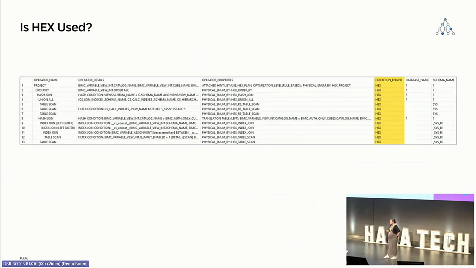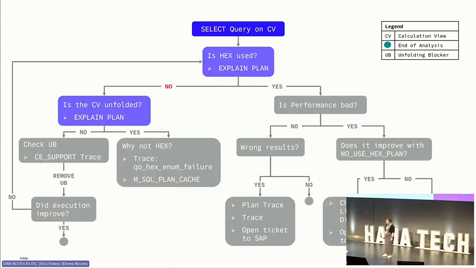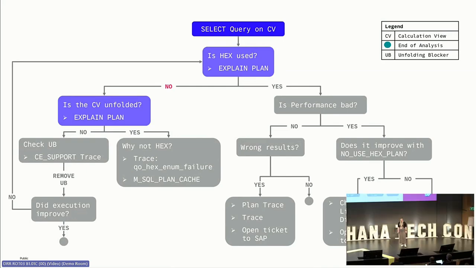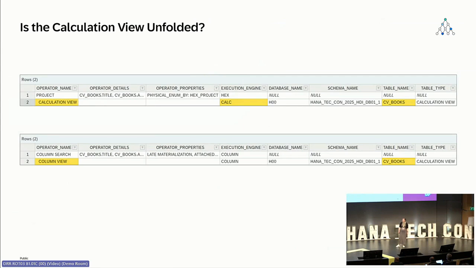If we see that the column execution engine has HEX all the way down to the lowest table scan, then we know that we have a full execution in HEX. This is not always the case, and one of the easiest things to check is whether or not our calculation view is unfolded, because we can see it directly in the explain plan.